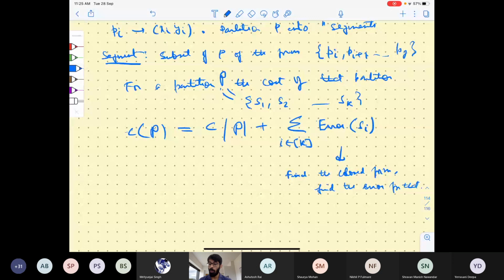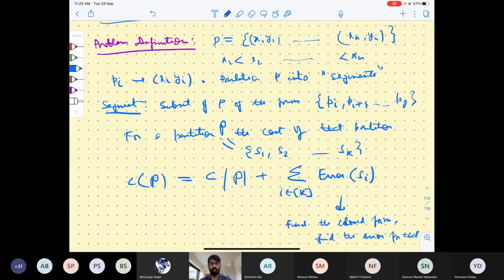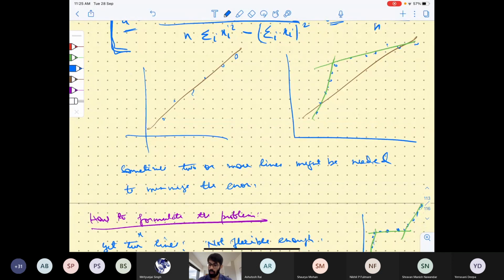So any questions till now about the problem formulation? What did we do? We looked at the set of points, and the final aim is that we want to divide this into parts. So if this was the data set, then we would divide it into this part, and then we find the best line that passes through this part, and the best line that passes through this part.